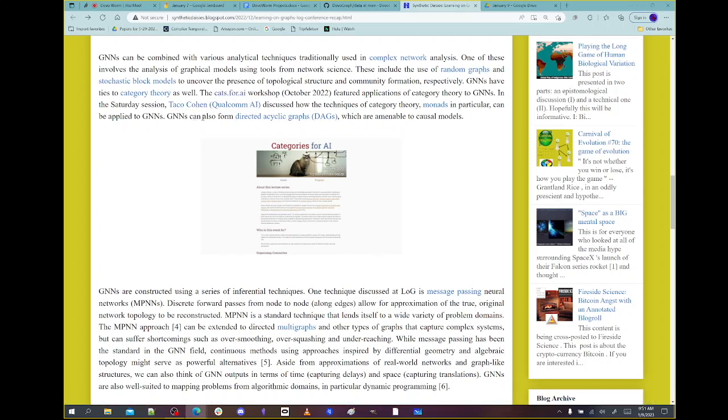He talked about some of these tools from category theory and applied math that you can use to analyze the input data in interesting ways and then have a nice output that's amenable to things like causal models. So you can look at causality in the networks, what causes something to happen. With networks, it's hard to really get a handle on causality because you have a lot of things interacting at once. And so to find these causal arcs, it's really kind of powerful.